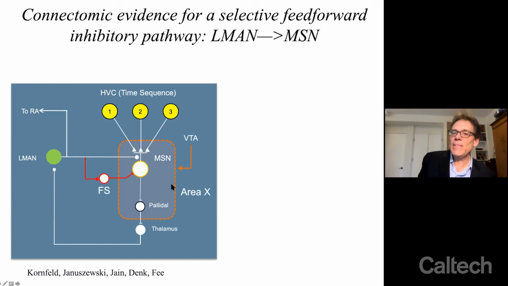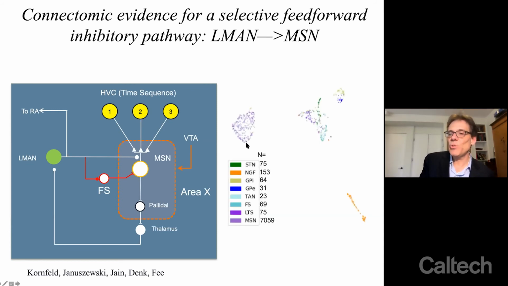So Jürgen has dug into reconstructed neurons in the larger data set and found that it contains many examples of known striatal and pallidal neuron types. By far, the most numerous cell type in area X is the MSNs, which are shown in this cluster, downsampled by a factor of 20.